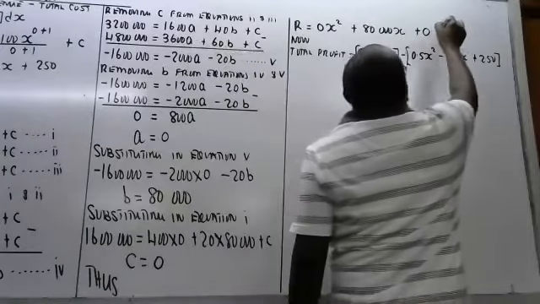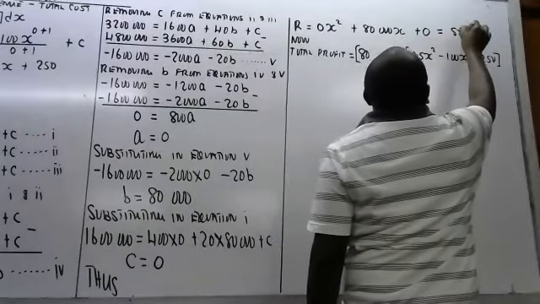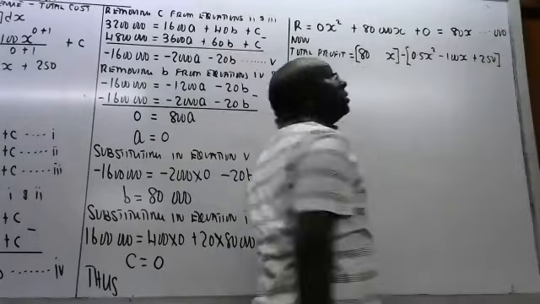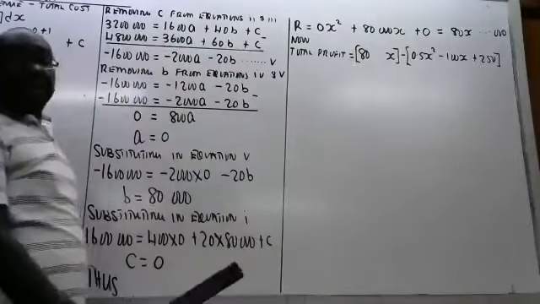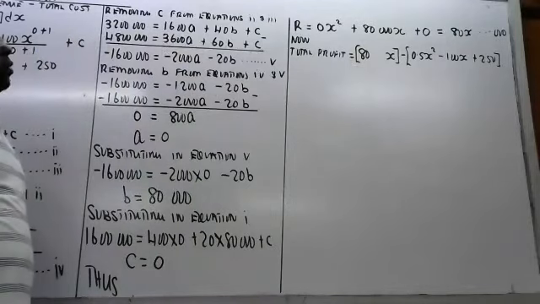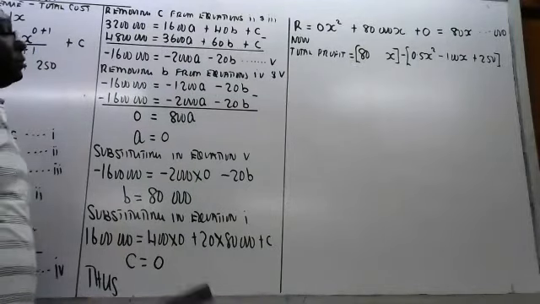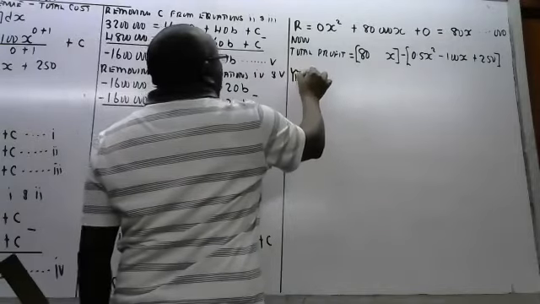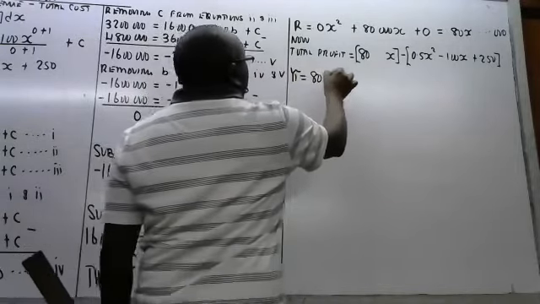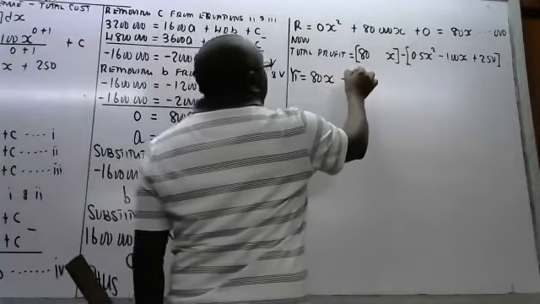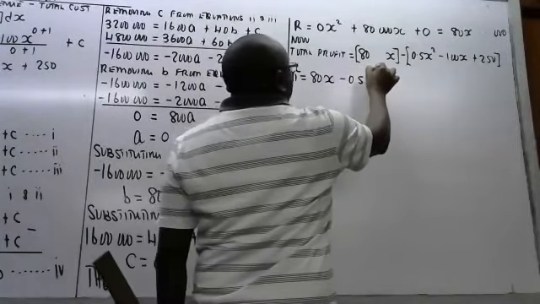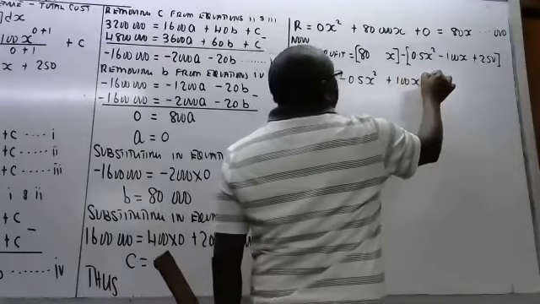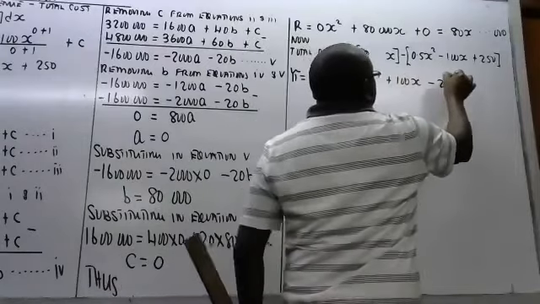So I'm saying this one you can also express it as 80x when in thousands. So opening the brackets, pi will be equal to 80x minus 0.5x squared plus 100x minus 250.